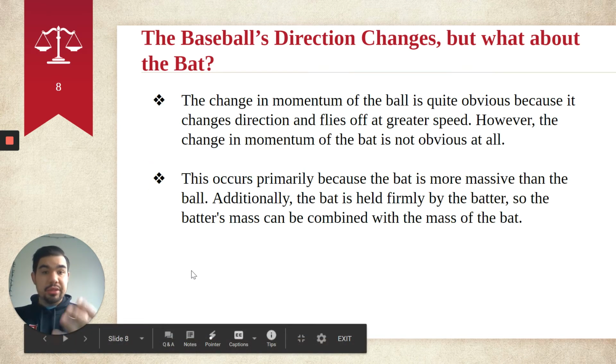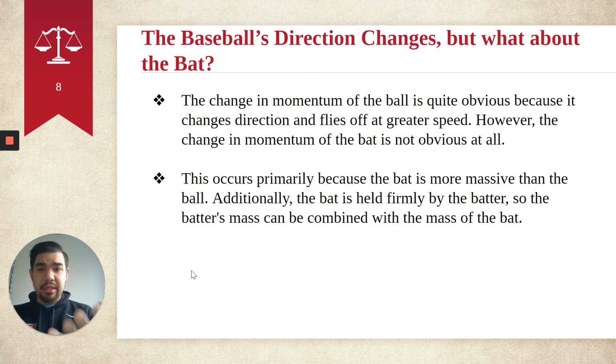In part, you have to consider which one has more mass, the ball or the bat. Considering that the bat is attached to a person, we need to think about the mass of that whole system, which is the bat plus the batter.